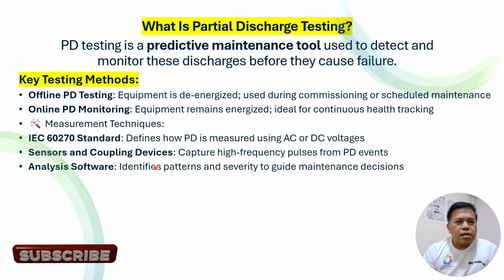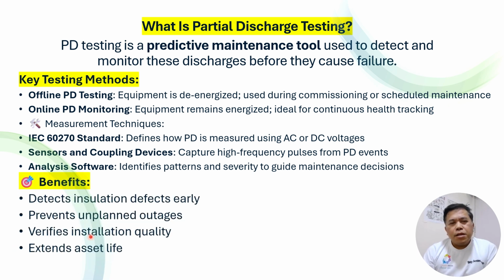Measurement techniques: the IEC 60270 standard defines partial discharge measurement using AC or DC voltages, with sensors, coupling devices, and analysis software. And what are the benefits? Detects insulation defects earlier, prevents unplanned outages, verifies installation quality, extends asset life.